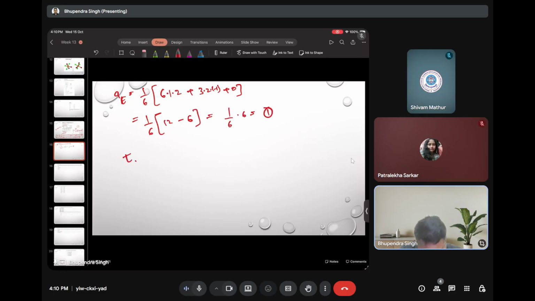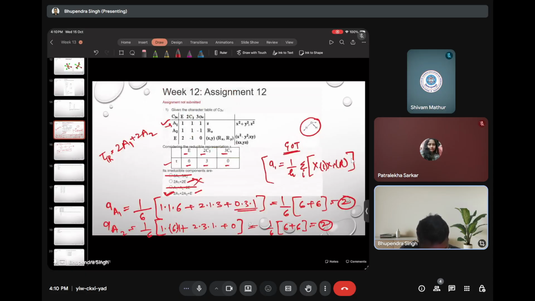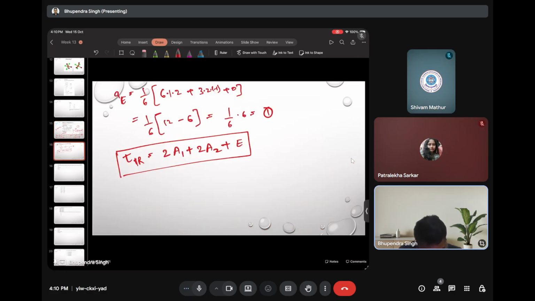So your irreducible representation turns out to be 2A1 plus A2 plus E. So option D is correct.